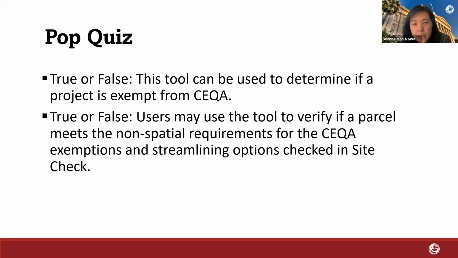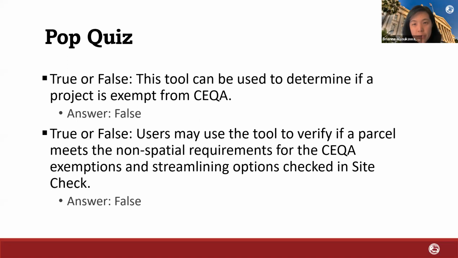Okay, so it looks like most folks were able to tell that the first question is false. So both are actually false. So the first, you cannot determine that a project is exempt from CEQA. That is true.